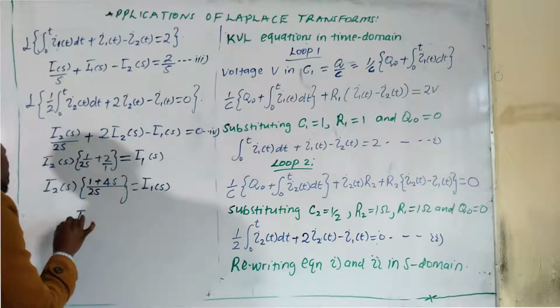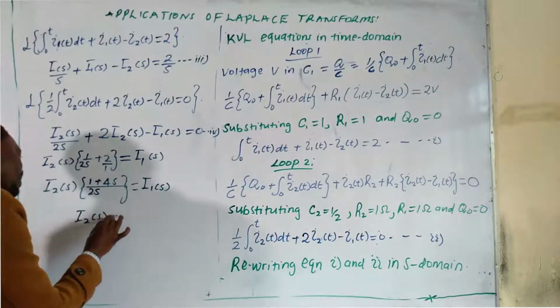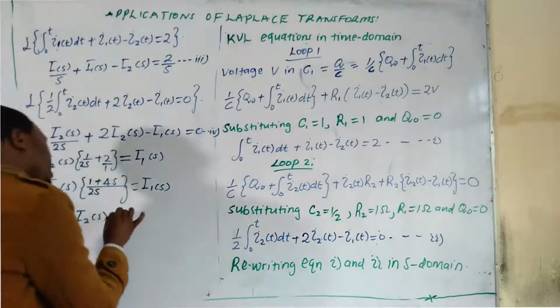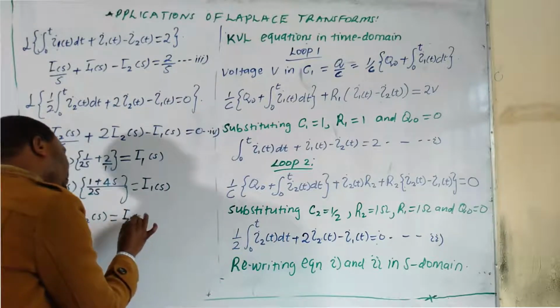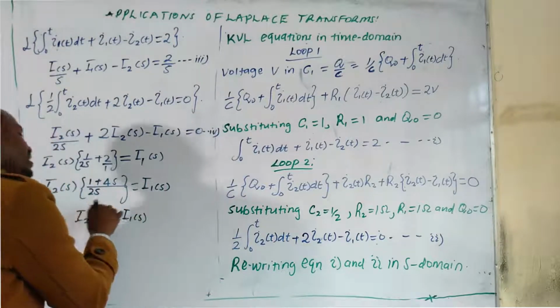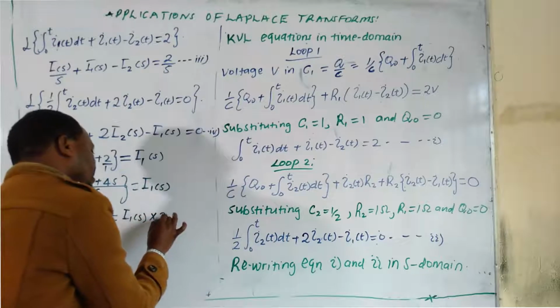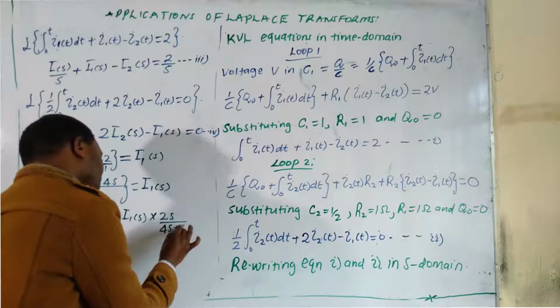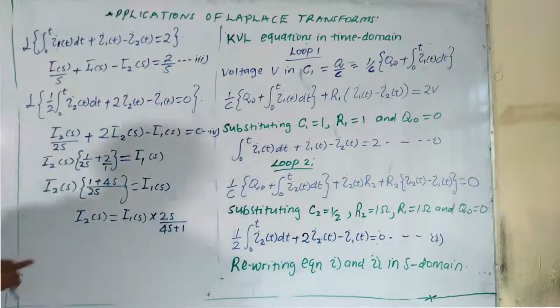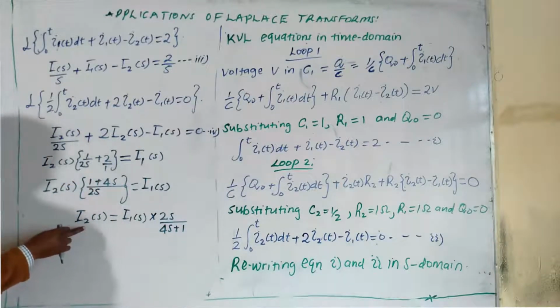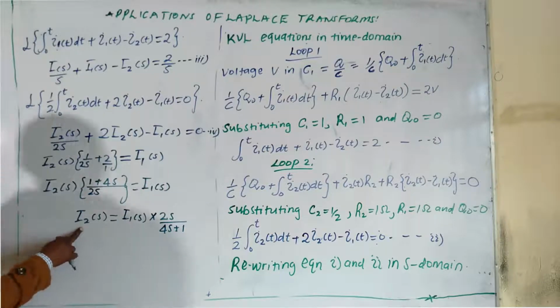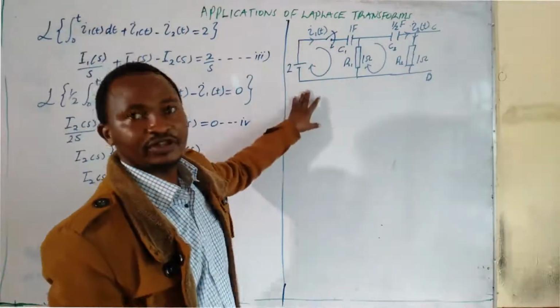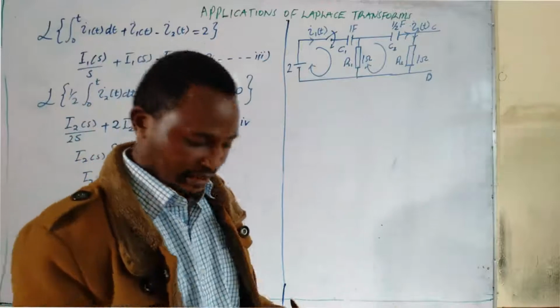So I2 of s is equal to I1 of s times 2s over 4s plus 1. So actually, that is the equation for I2 of s. I've been forced to redraw the diagram because I had already deleted it.